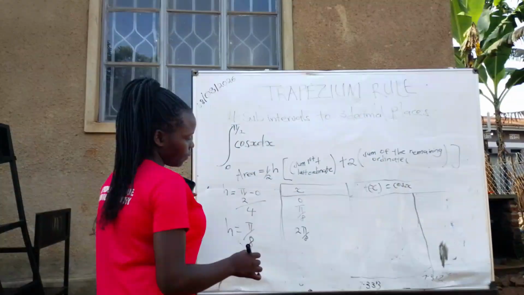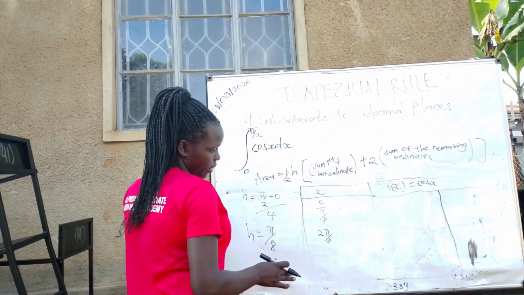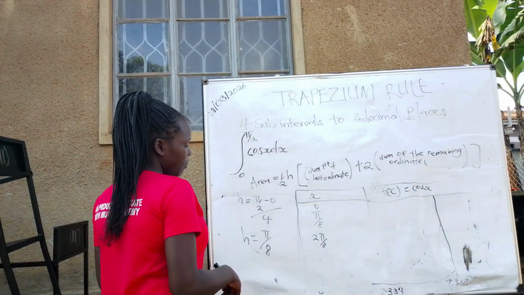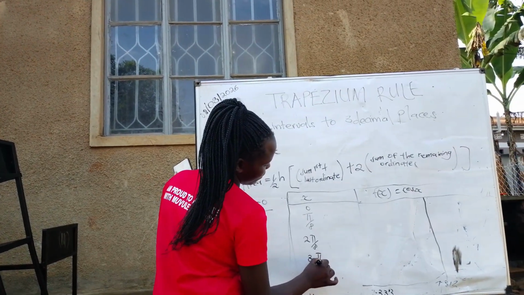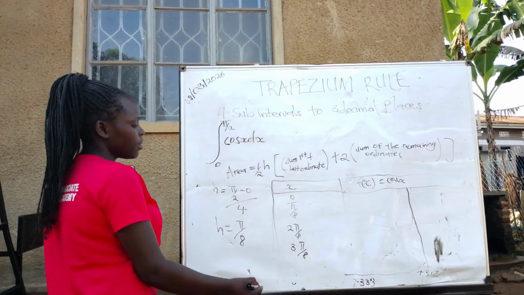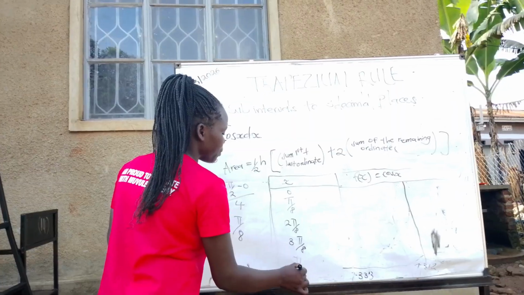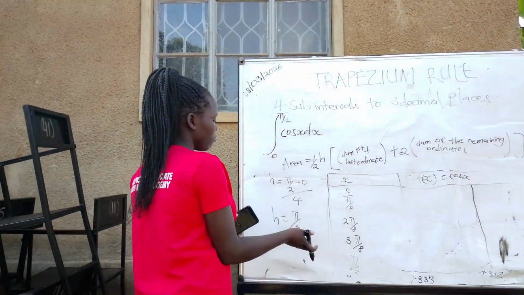The fourth one is 0 plus 3h, which is 3 pi over 8. And the last one is 0 plus 4h, which is pi over 2.